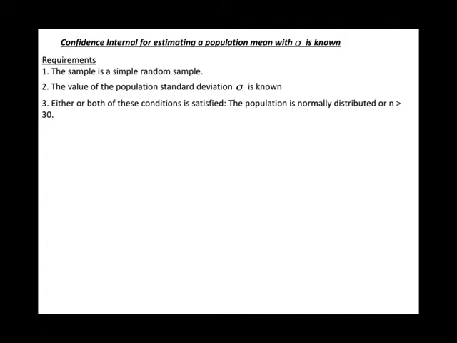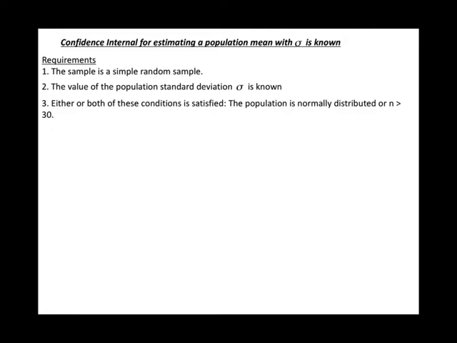Population is normally distributed or n is greater than 30. And remember what is this requirement? This is from chapter 6, section 6.4. We talk about the central limit theorem. Either original population is normally distributed or sample size is going to be greater than 30. So we could make sure that will be the normal distribution.